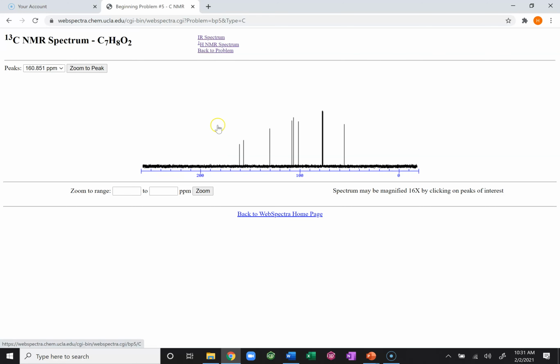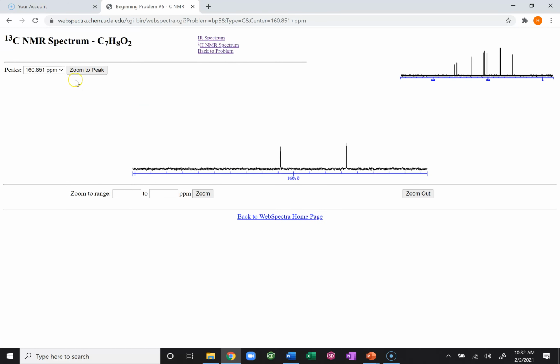If you want to zoom in on something, notice that this triplet at 77 is your chloroform peak for carbon NMRs. Ignore that, all right? So let's say I want to expand from 100 to, let's see, how do I do it?